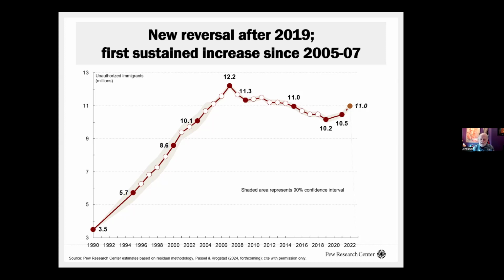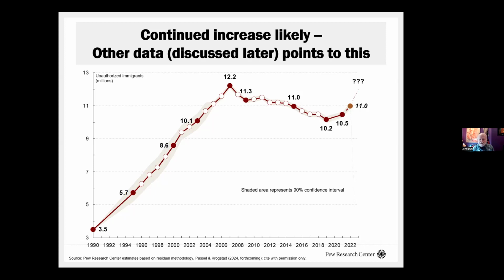This is kind of mid 2022, so it predates a lot of the apprehensions at the border and the growth in that population. We have some other indications, and I'll talk about it some, that suggest the numbers are going up rapidly, and the next estimates when we get the next data are probably going to be a good deal higher.